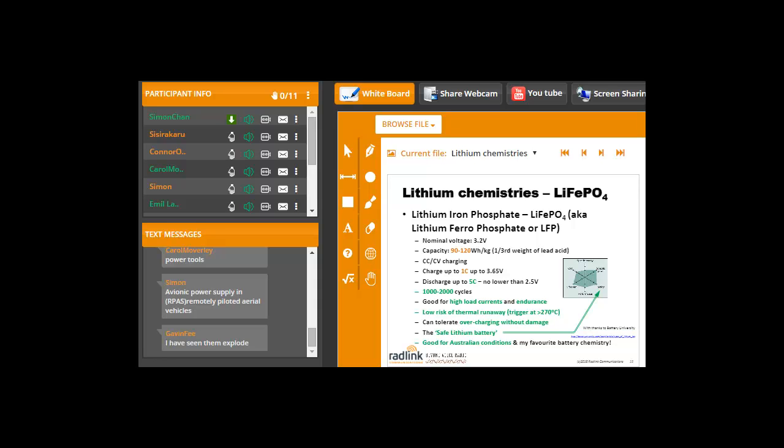In fact, I'm working with our supplier in China now, who can now supply me with a 10C and a 20C battery. So a 10C battery will be able to deliver all of its load in 6 minutes, and a 20C will be able to deliver all of its load in 3 minutes. We're looking at using that for equipment which needs a very high cranking current, to be able to deliver, for instance, the necessary torque and energy to make an aircraft take off from the ground.